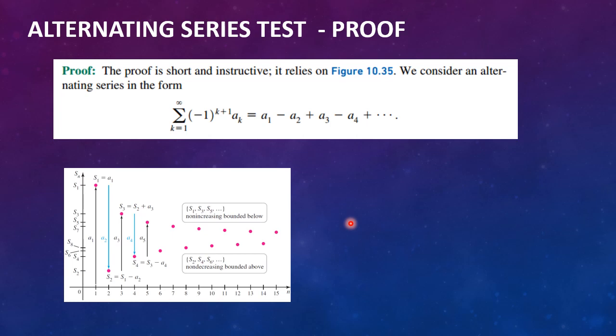By the bounded monotonic sequence theorem, section 10.2, the sequence has a limit, and we're going to call it L. Similarly, the odd terms of the sequence of partial sums, s sub 2k minus 1, equals s sub 1, s sub 3, s sub 5, etc. These form a non-increasing sequence that is bounded by s sub 2.